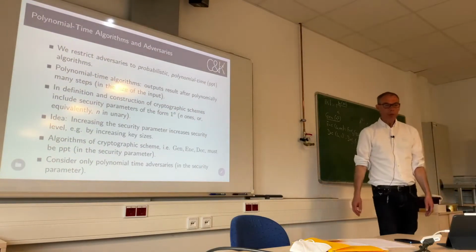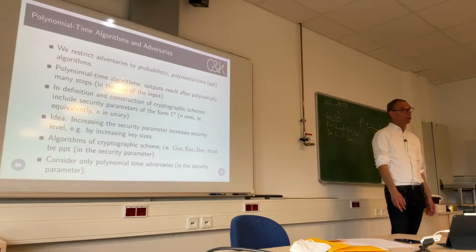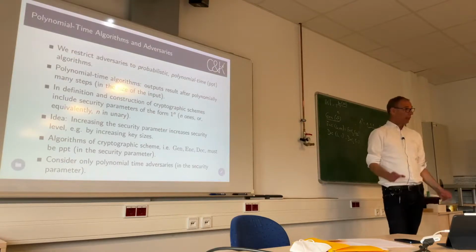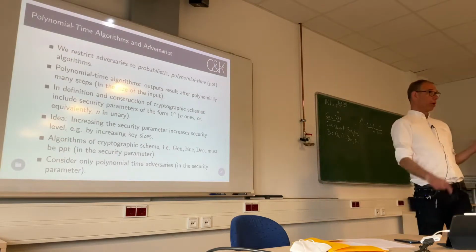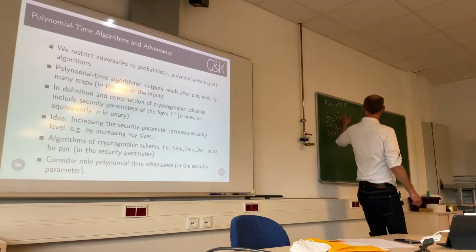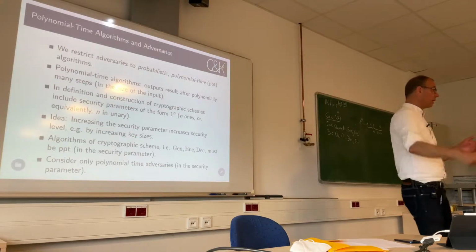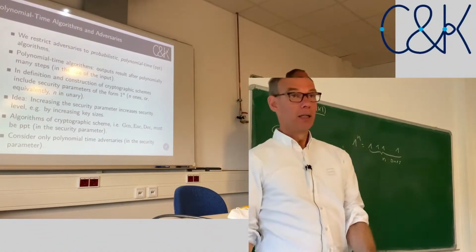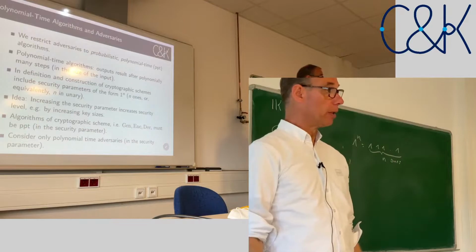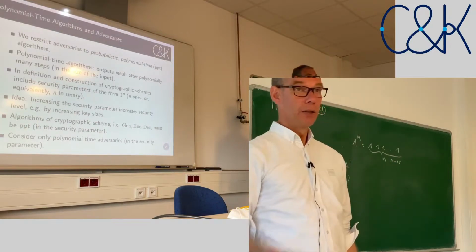And then we consider only polynomial time adversaries. And if I say I will consider only polynomial time adversaries, again, polynomial time in which input? The input is always the security parameter.